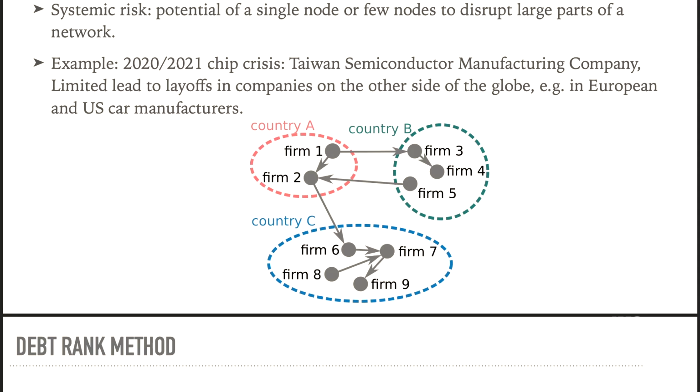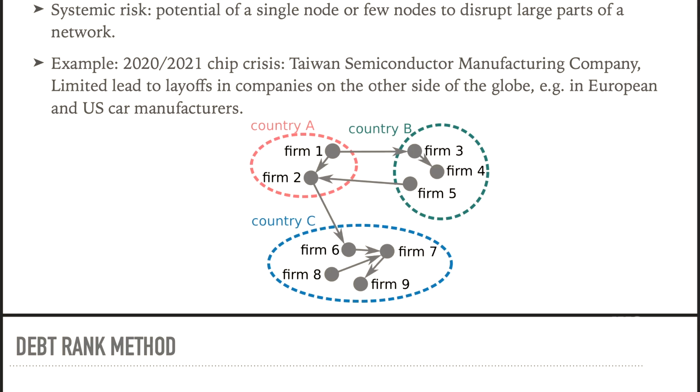So what is systemic risk? Systemic risk is the potential of a single node or a few nodes to disrupt the economy to a large extent. I have already given you an example, like the chip crisis: there was a supply disruption at Taiwan Semiconductor Manufacturing Company, which resulted in layoffs elsewhere in the globe, for example at European and US car manufacturers.